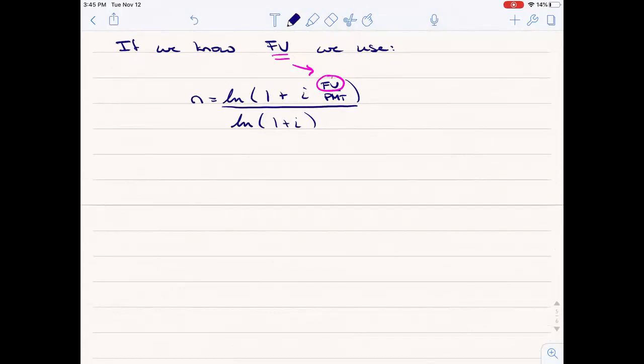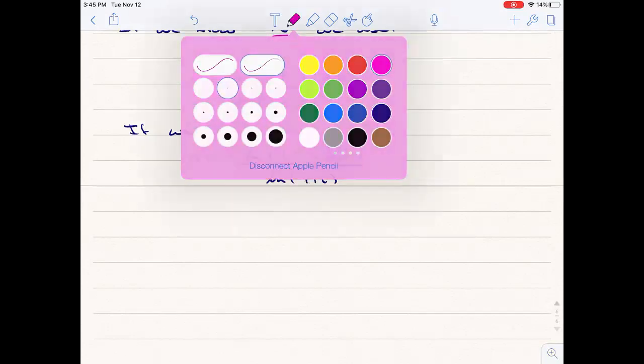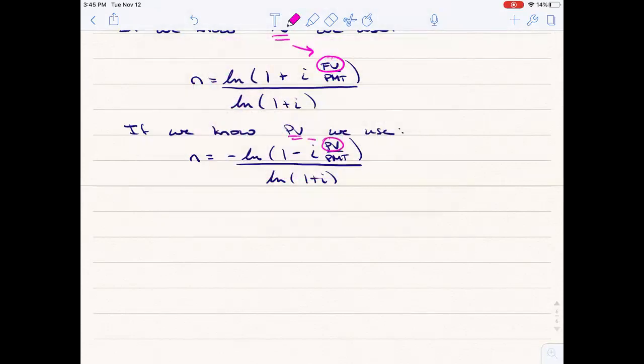Whereas if we know the present value, we use, and it looks very similar, so you have to keep your wits about you, n is the negative log, or ln, of 1 minus I, so slight change, times the PV over PMT, over the natural log of 1 plus I. And again, the PV.